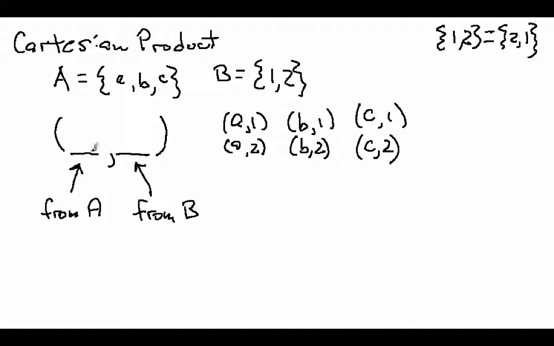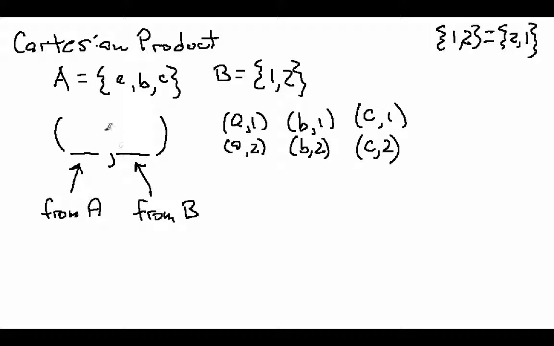And what we've specified over here is that the first entry has to be from A and the second one has to be from B. And I think that you can see that if I were to be considering a Cartesian product of 2 sets, the number of elements in the Cartesian product is just going to be the number of elements from here times the number of elements from here.